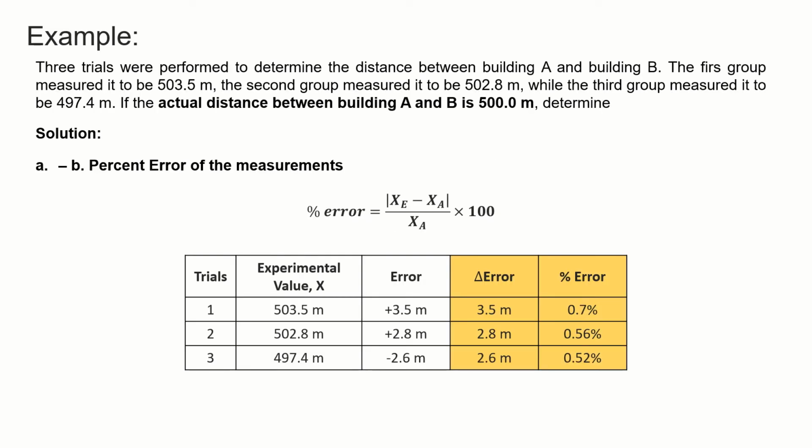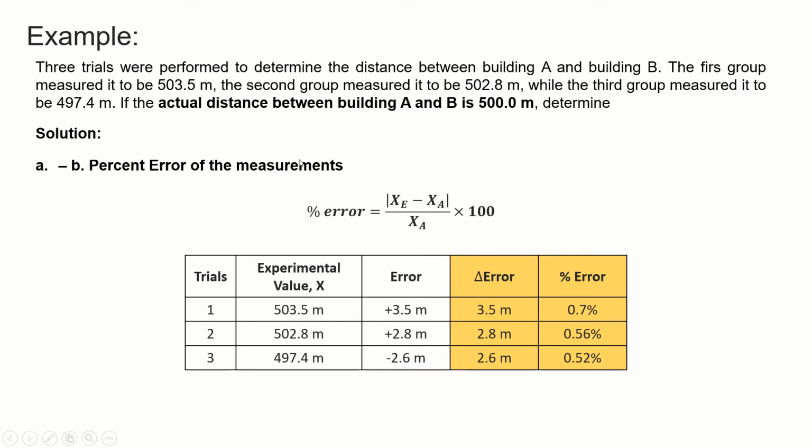So let us have an example. 3 trials were performed to determine the distance between building A and building B. The first group measured it to be 503.5 meters, the second group measured it to be 502.8 meters, while the third group measured it to be 497.4 meters. The true distance between A and B is 500 meters.